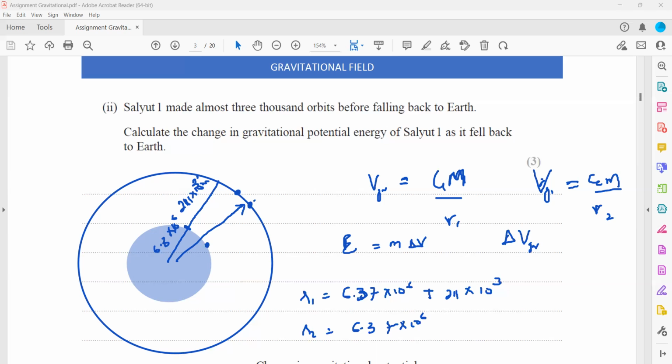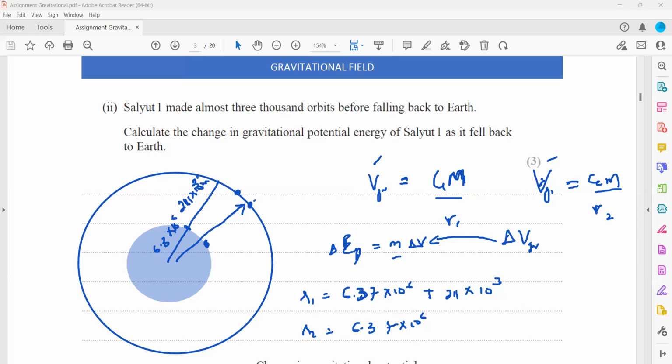We substitute to get the gravitational potential at each height, take the difference, and multiply by mass to get the change in gravitational potential energy.